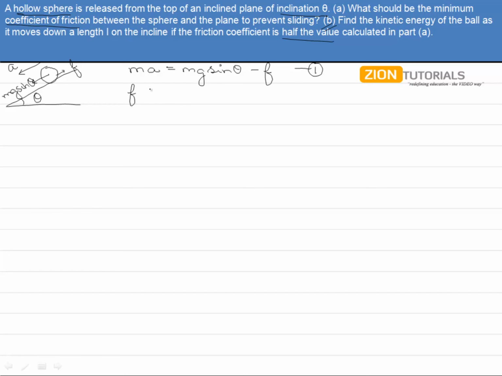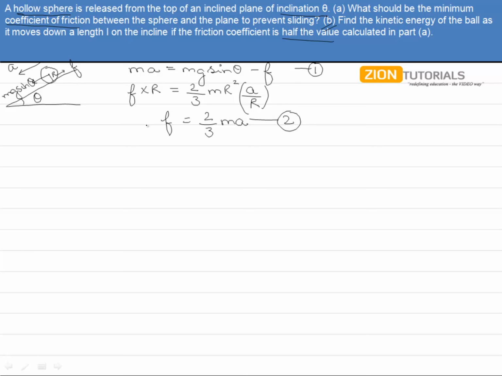The frictional torque will be F into R, because it is applied here and the distance is R, equals I, which is 2 by 3 mr square because it is a hollow sphere, into alpha, and since it is in pure rotation, alpha equals a by R. From here we get friction equals 2 by 3 mass into acceleration, and mark it as equation number 2.